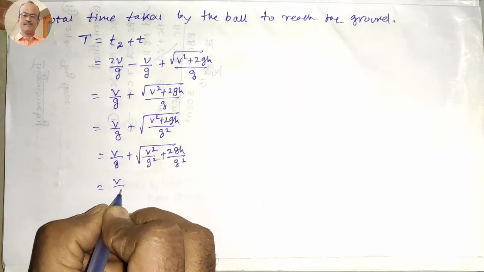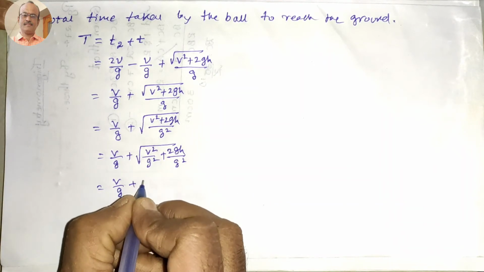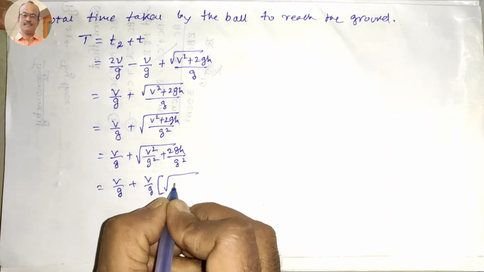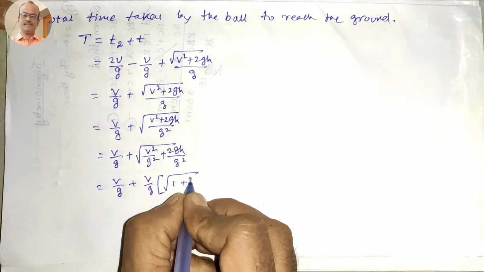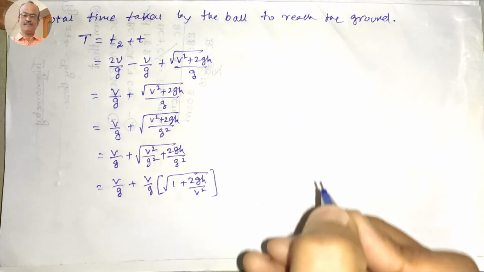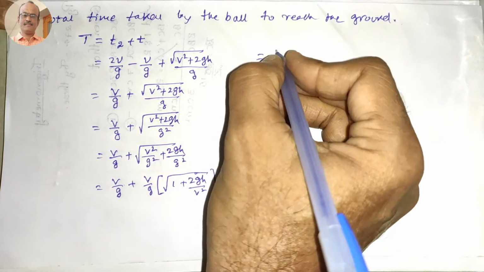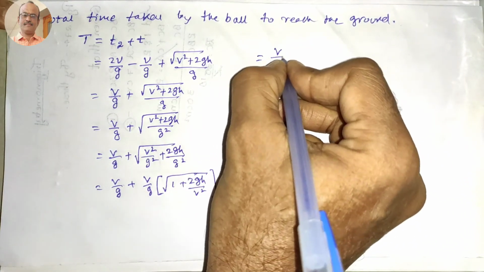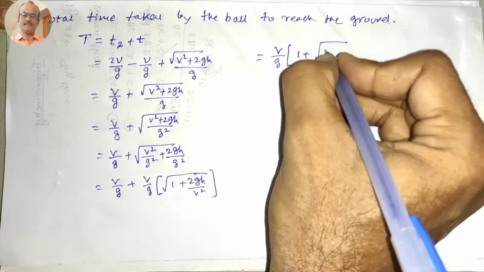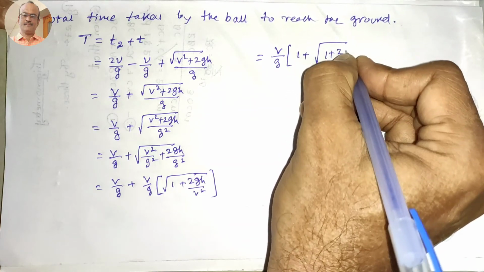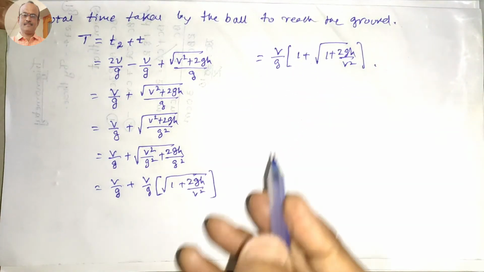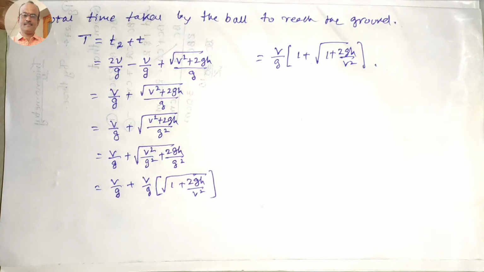Here v by g is common, so we get v by g times 1 plus square root over 1 plus 2gh divided by v square. So it is the answer.